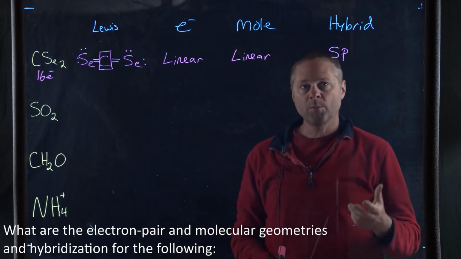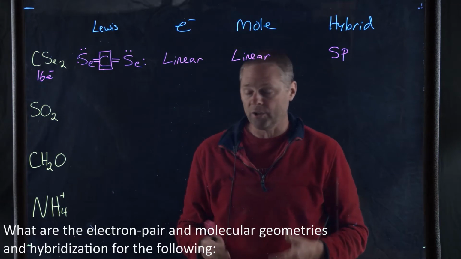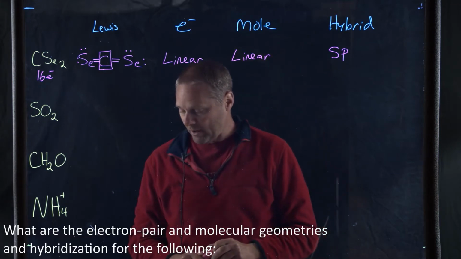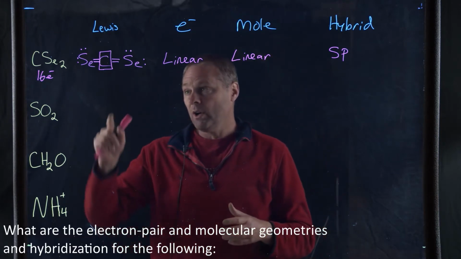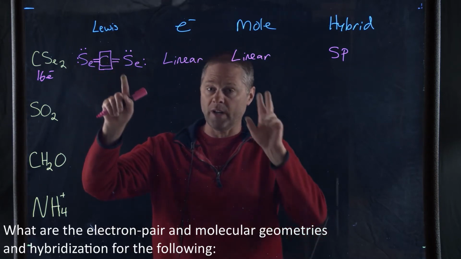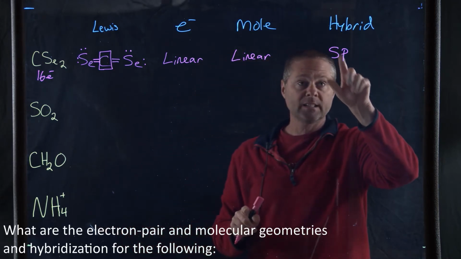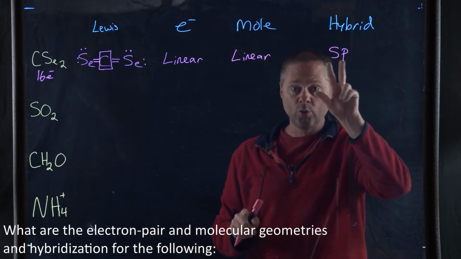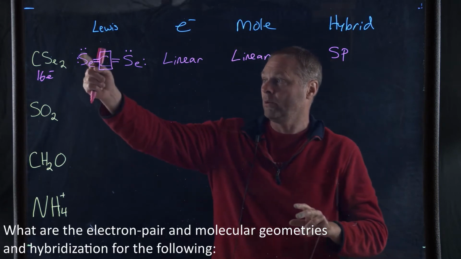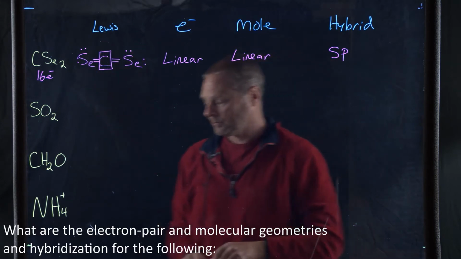There's a couple ways you can come up with sp. You can either identify that this is going to be linear, or you can also notice that the carbon has 2 things bonded to it, so it has to have 2 orbitals. If there's an s and a p, that's going to give you 2 hybrid orbitals. So here will be used up a hybrid orbital, here will be another used up hybrid orbital.